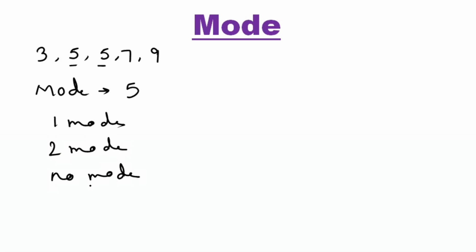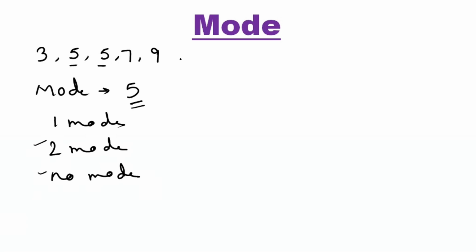It's not necessary that the data should have a mode. So it can have one mode or two modes or no mode. So how can we find the mode? The number that appears most often, that is the mode. In this case 5 appears 2 times, so the mode is 5. I hope you understand what is mode and how we can find the mode from the data.